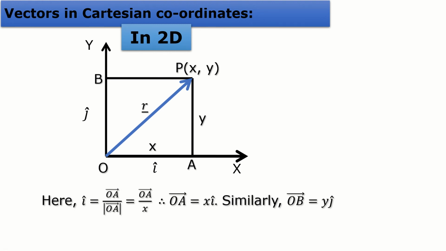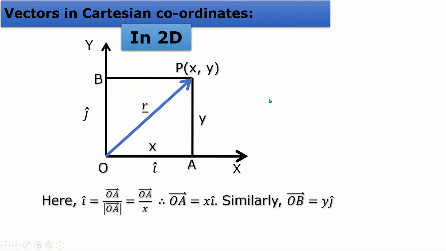Unit vector means a vector divided by its magnitude. So here OA vector divided by its magnitude, that means the magnitude equals x, therefore this into this equals OA vector. So OA vector equals xi vector. Similarly OB vector equals yj vector.